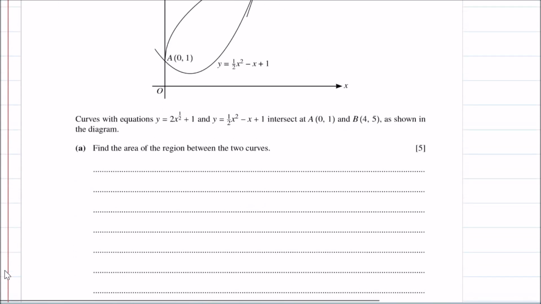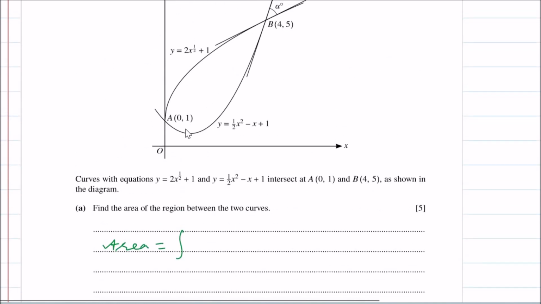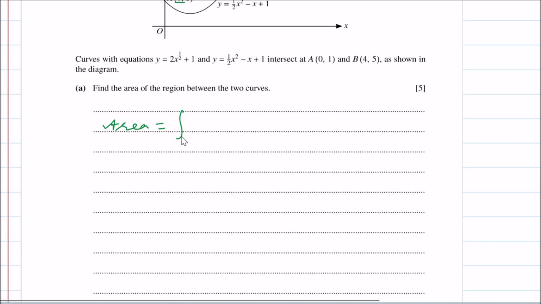So let's do. Let me write here area given by, and easily you can see here that x coordinate is 0, x coordinate is 4. So we'll take limit 0 to 4.